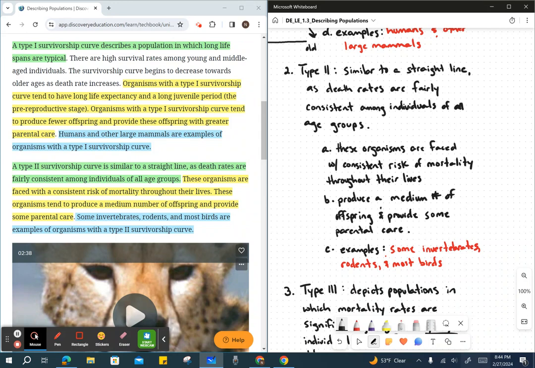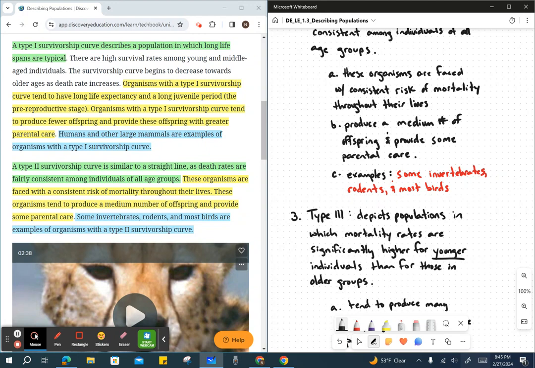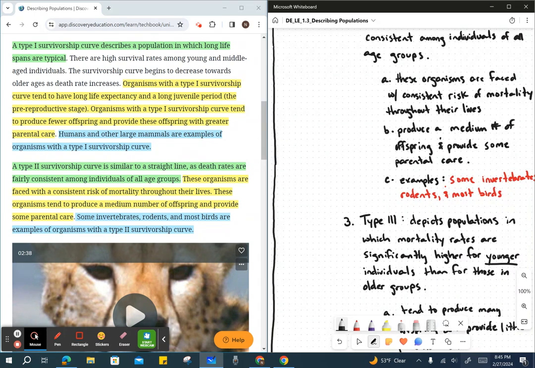They produce a medium number of offspring and provide some parental care. Examples might be some invertebrates, rodents, and most birds. So this kind of curve might look something like this, right? And we may see something like this.